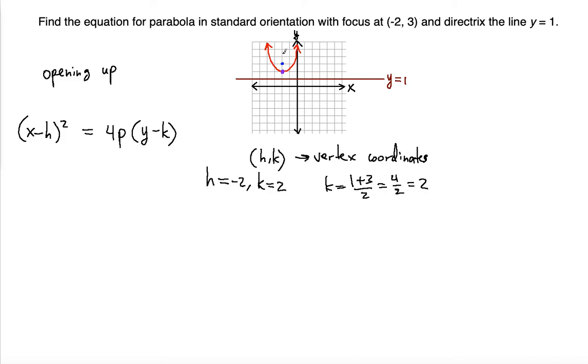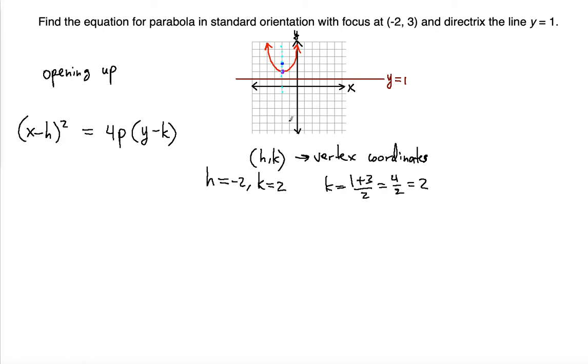So just note that this is the axis of symmetry line. It goes through the vertex, right? So we know the axis of symmetry line contains the vertex and the focus. Okay, so we know that h must also be the same as the focus x coordinate, which is -2. But k in this case is going to be found by using this formula.